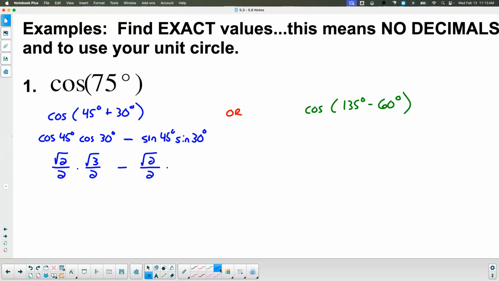And the sine at 30 degrees? Square root 2 over 2 times square root 3 over 2.